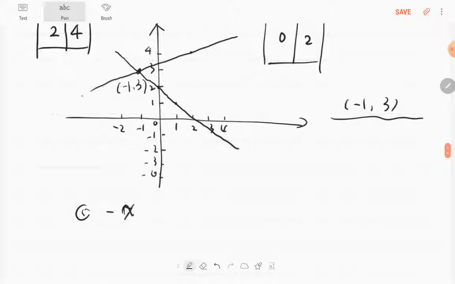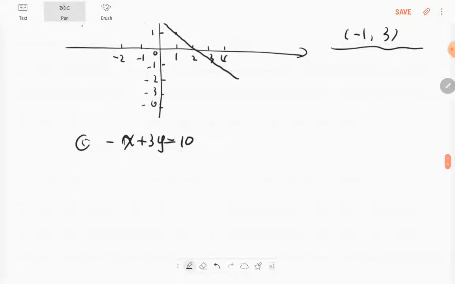So the first one will be negative x plus 3y equals 10. We use negative 1 to replace x and 3 to replace y to test if it's correct or not. Left side we will get 10 and right side we also get 10, so it's true.